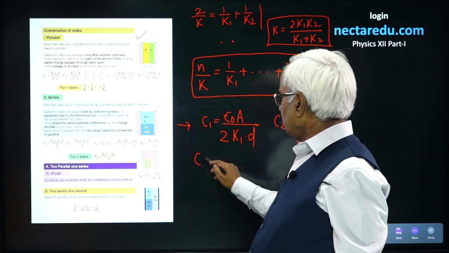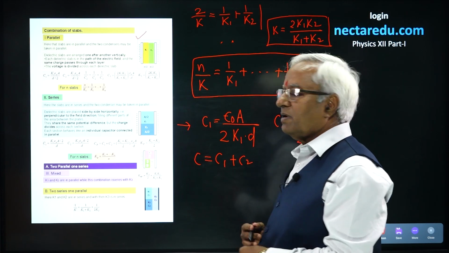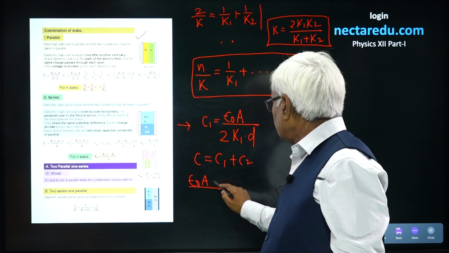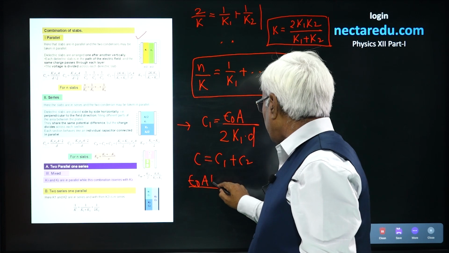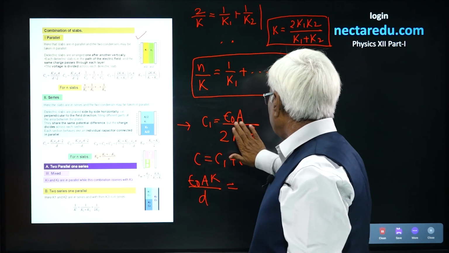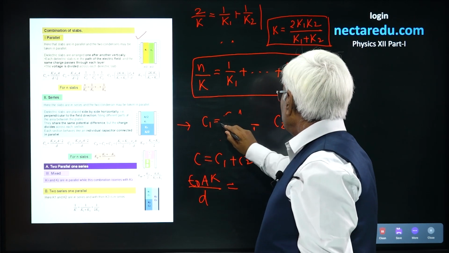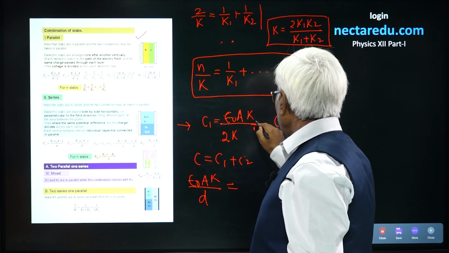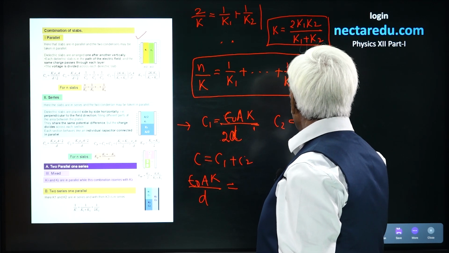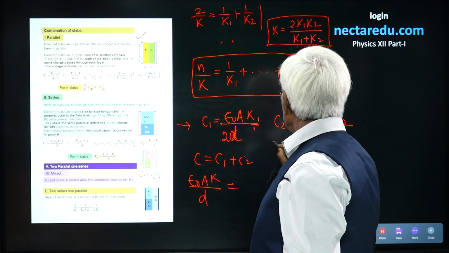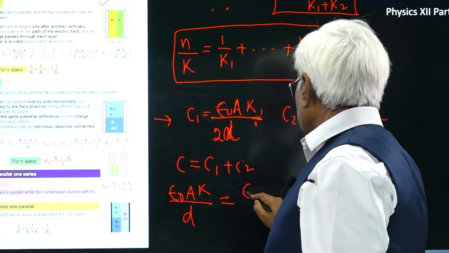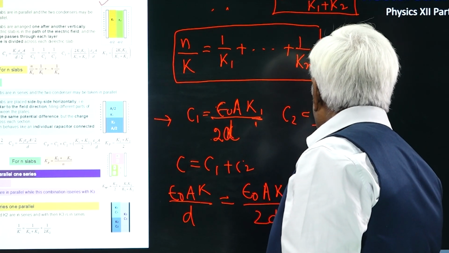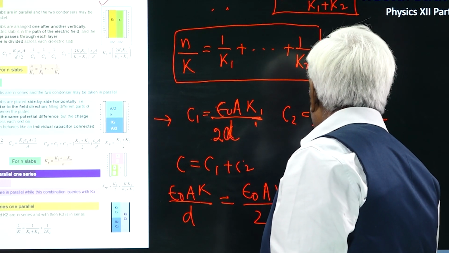And because it is a parallel combination of condensers, you would write here epsilon naught K A upon D. K1 will be in the numerator, epsilon naught A K1 upon 2D, plus epsilon naught A K2 upon 2D.